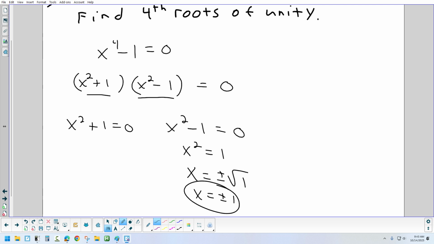Okay, let's do the same thing over here. x squared equals negative 1. Take the square root of negative 1 and you get, would it just be i?